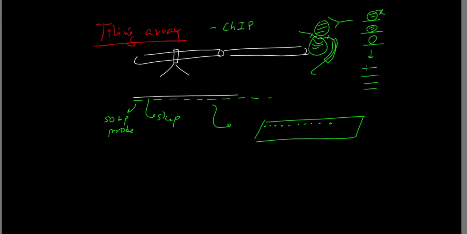So what you do is put universal adapters over here, the same adapter sequence for each fragment, and then you can amplify this using PCR. Each fragment you have to amplify so that you have sufficient copies to measure.